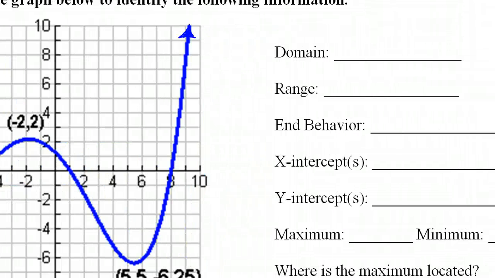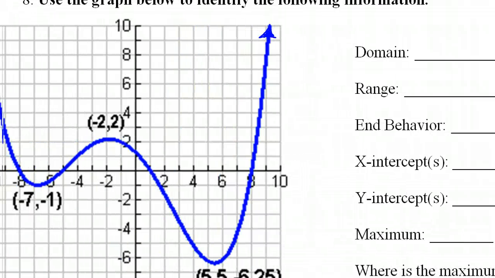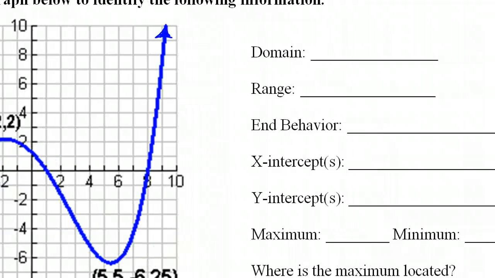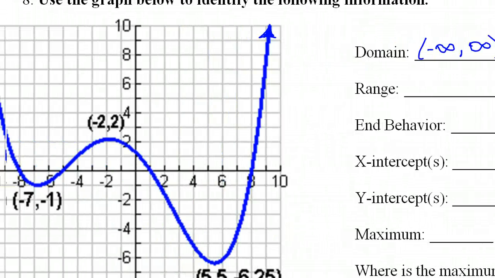Now with that in mind, the domain is the x values of a function, alright? All the input values, the x values. So graphically, it's how far to the left and right it goes, left to right. But since this graph goes left and right forever, we will say that the domain is negative infinity to positive infinity.